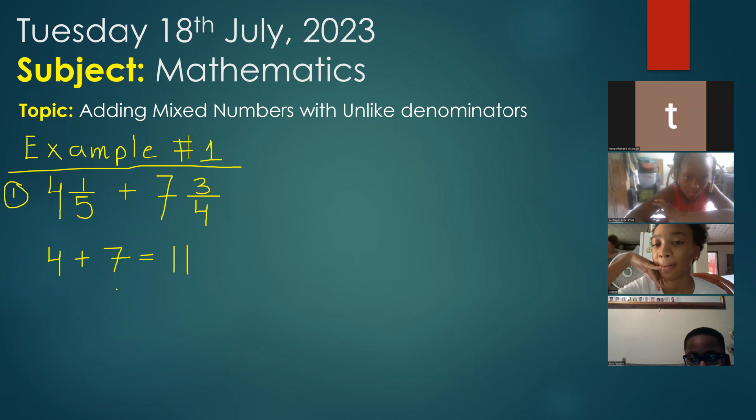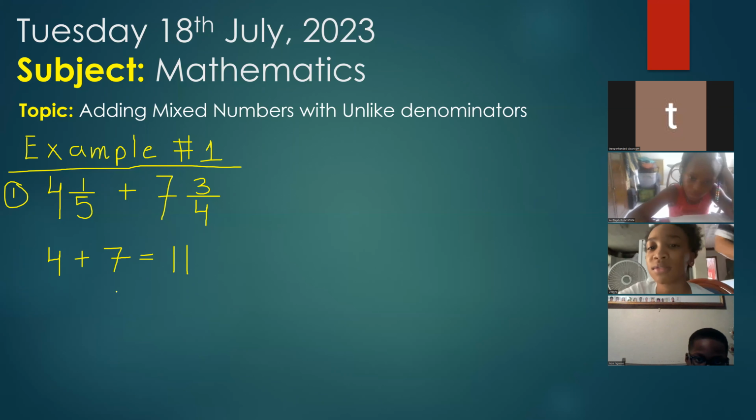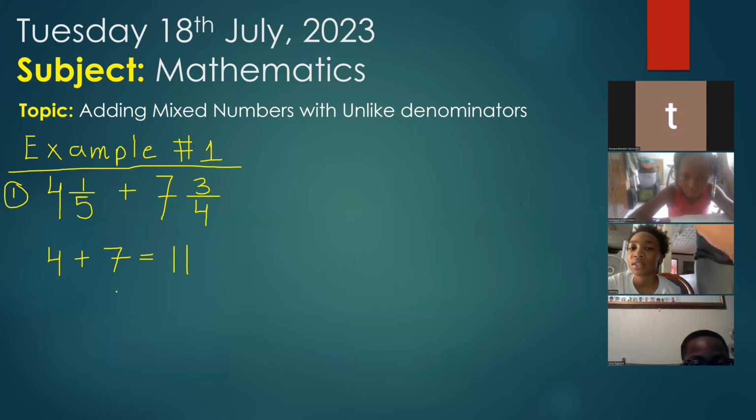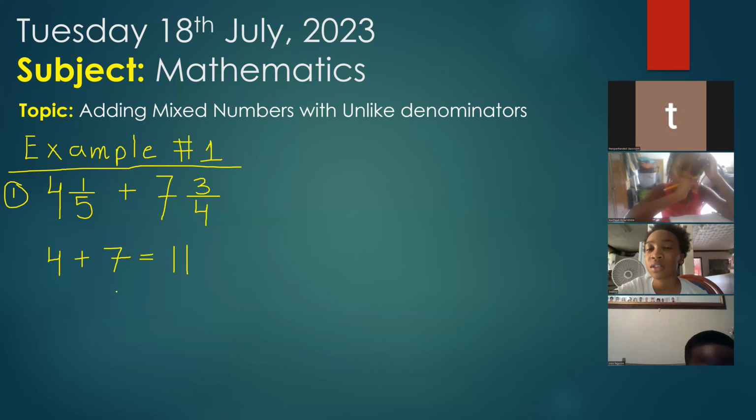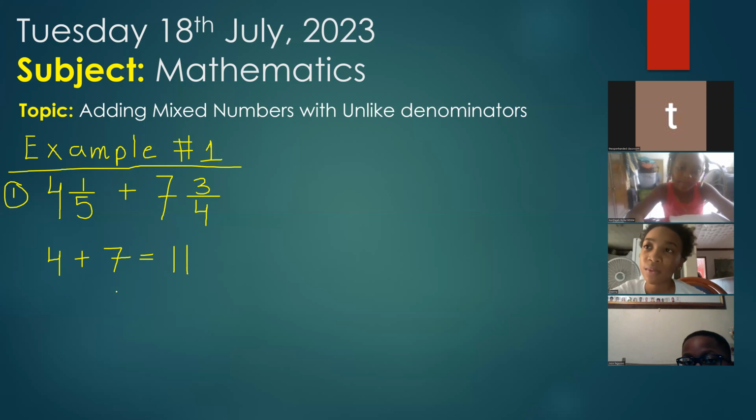What's the next thing that we're gonna do? We are going to add the numerators. We're gonna add the fractions. Now, question. Are the denominators the same? No, sir. We have to change. Very good.